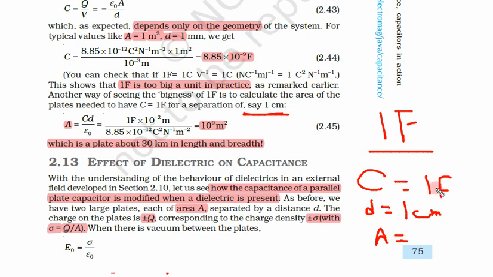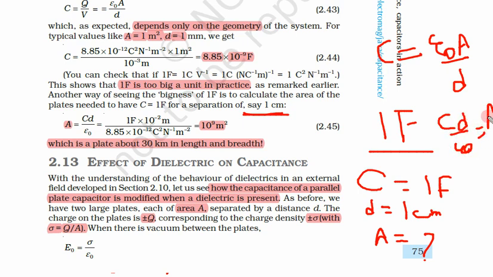What is the area when capacitance is 1 farad and distance between the plates is 1 centimeter? So rearranging this formula, the formula is epsilon naught A by D, so area is simply capacitance times D by epsilon naught. So now A is equal to C D upon epsilon naught.